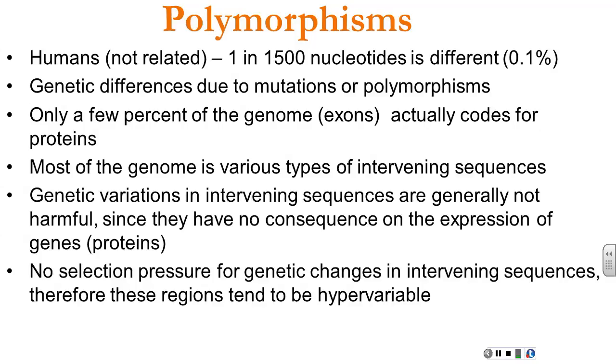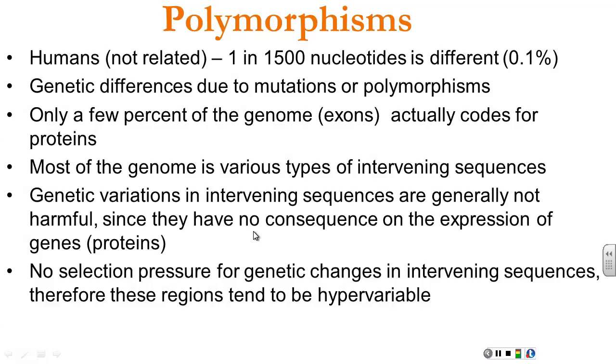Right now we're thinking of disease alleles, so most of the time we're thinking of a mutation causing something bad, but it could cause something good. But there are all types of intervening sequences that, as far as we know, if you change them, have no consequence on the fitness or gene expression of that individual. So those are genetically neutral, not harmful.